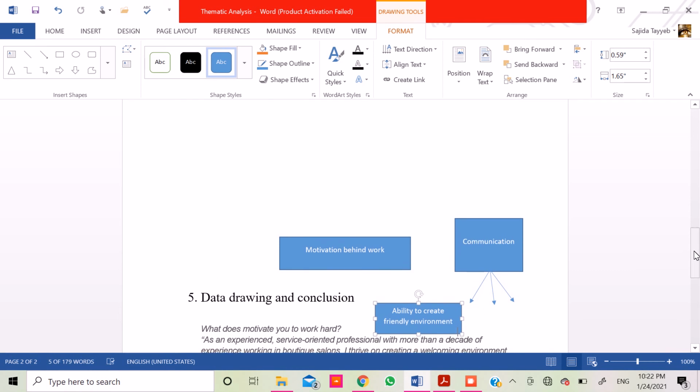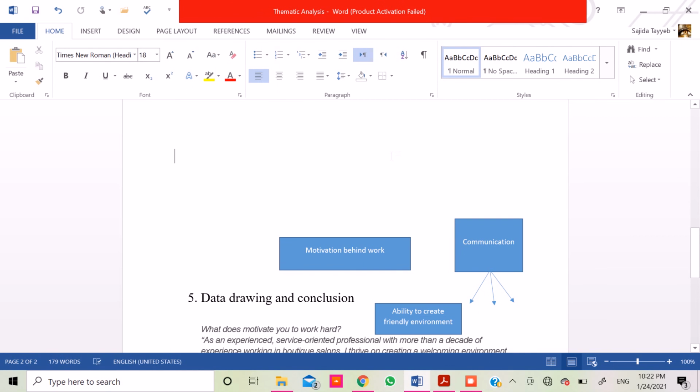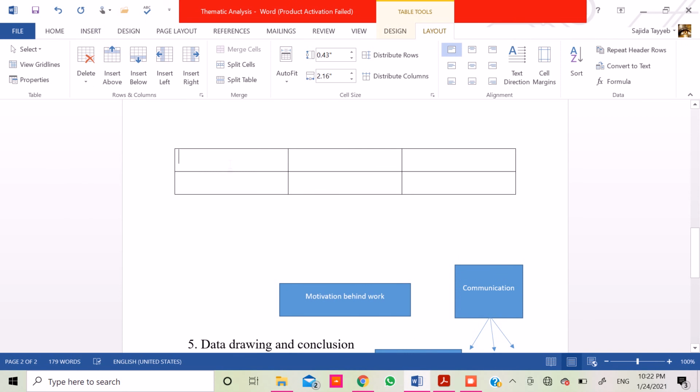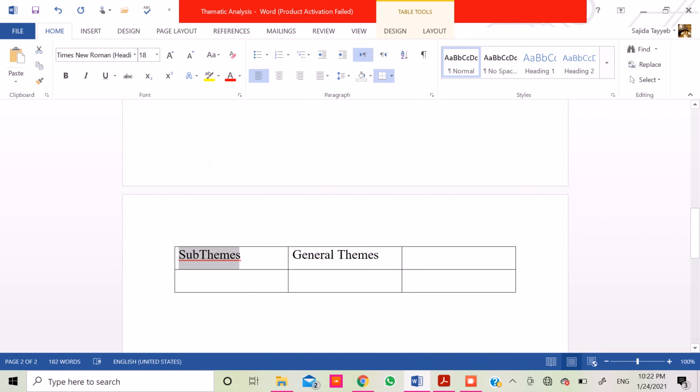Some people prefer to just generate a table. By table, I'm referring to like this. Let me show you. You can simply, for example, write like this. You can say themes, or sub-themes, then general themes, or in fact, let's just do it like this: codes, sub-themes, and then general themes.